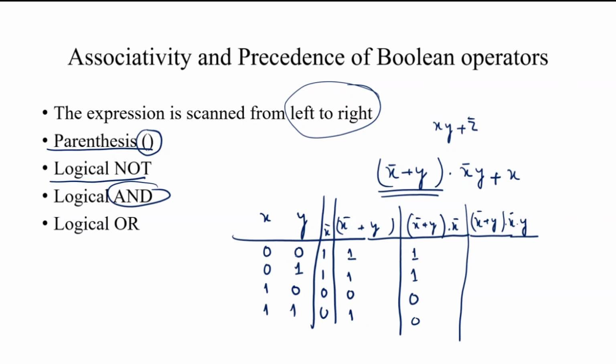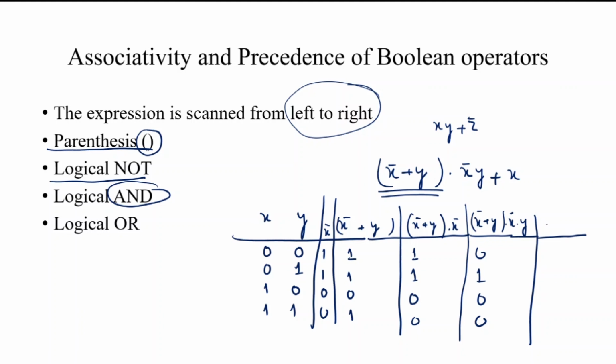Because it is commutative, x into y is the same as y into x. So 0 into 1 is 0, 1 into 1 is 1, 0 into 0 is 0, and 1 into 0 is 0. And after that, in the last, we perform the plus operation.